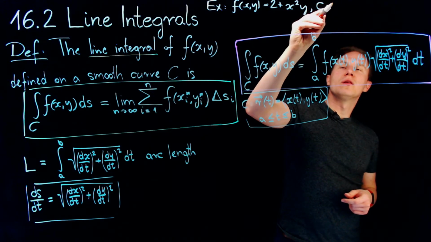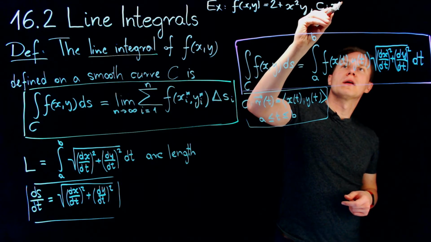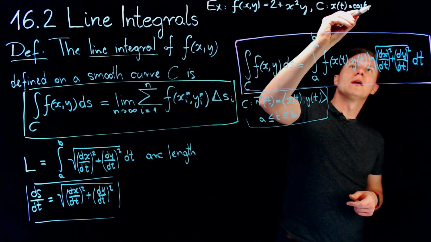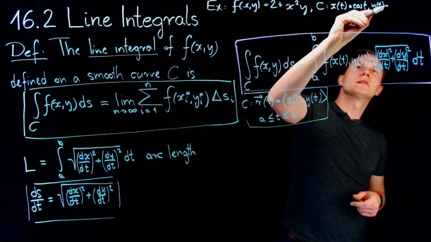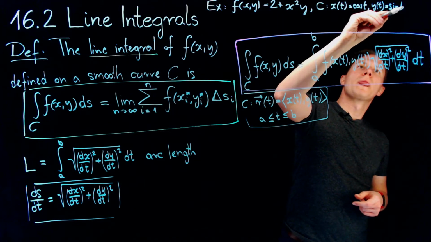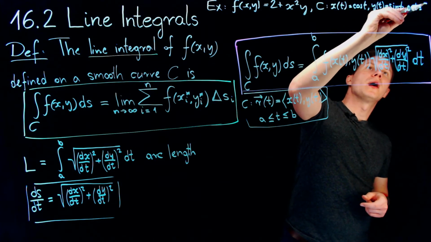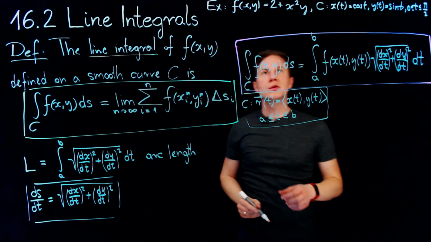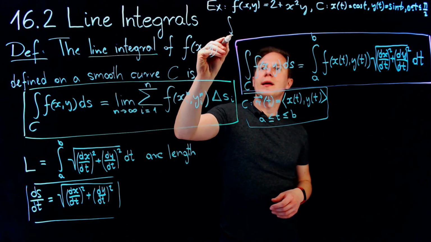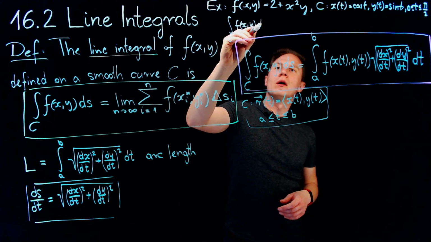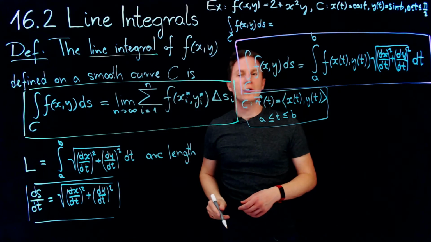This means that x(t) is cosine of t, y(t) is sine of t, and t changes between 0 and pi over 2. So pause the video and evaluate the line integral of f along this upper half circle.